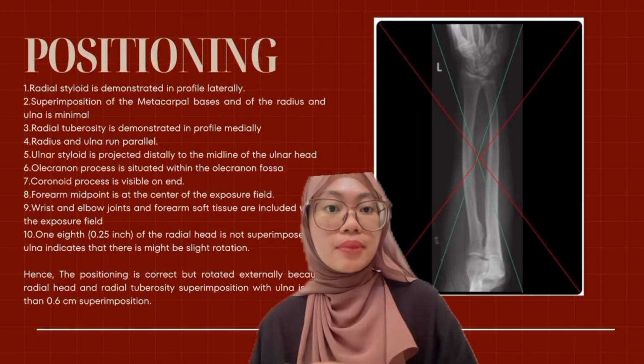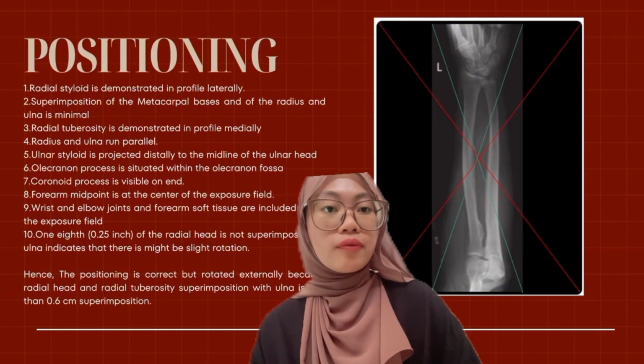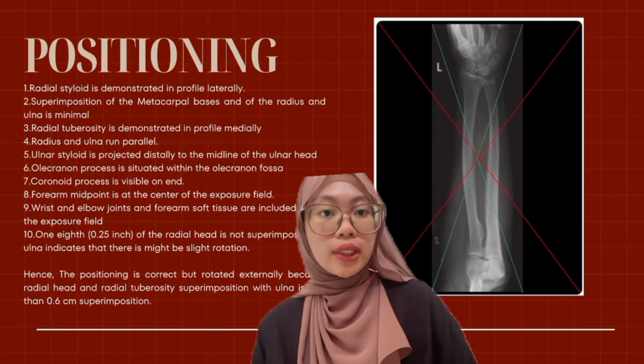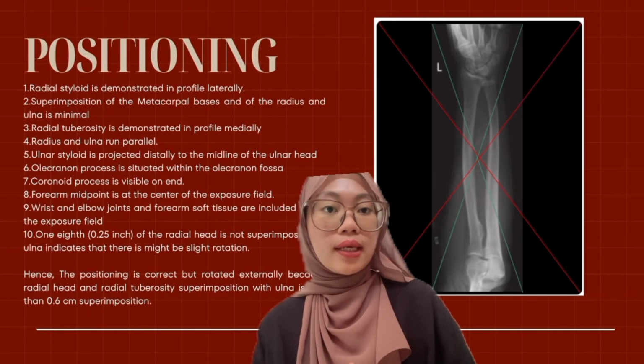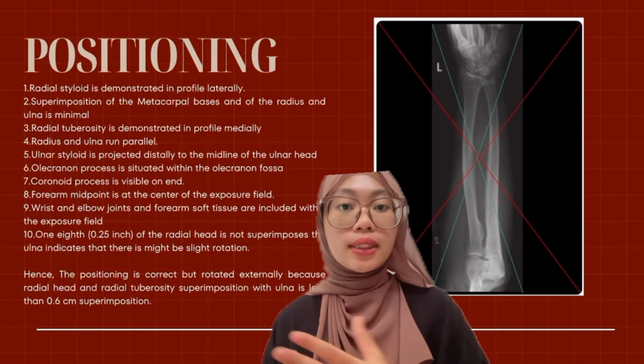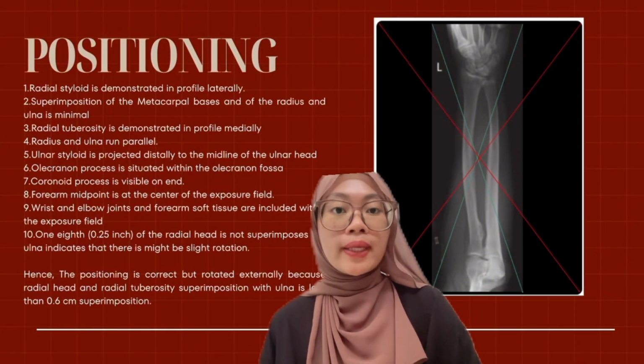The forearm is seen at the midpoint, at the center of the exposure field. So the wrist and the elbow joints and the forearm soft tissue are included within the exposure field.